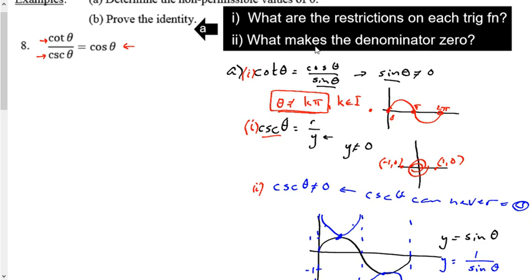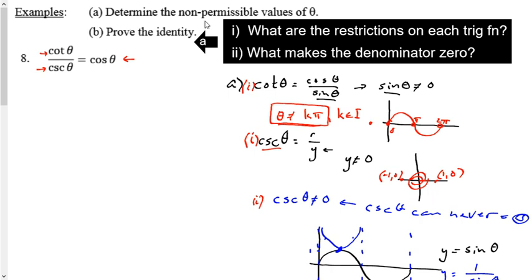But that's considering this second question as I looked at my identity. So we finished part A, determining non-permissible values, and we found that what's in the box here in red are all the non-permissible values for this identity.